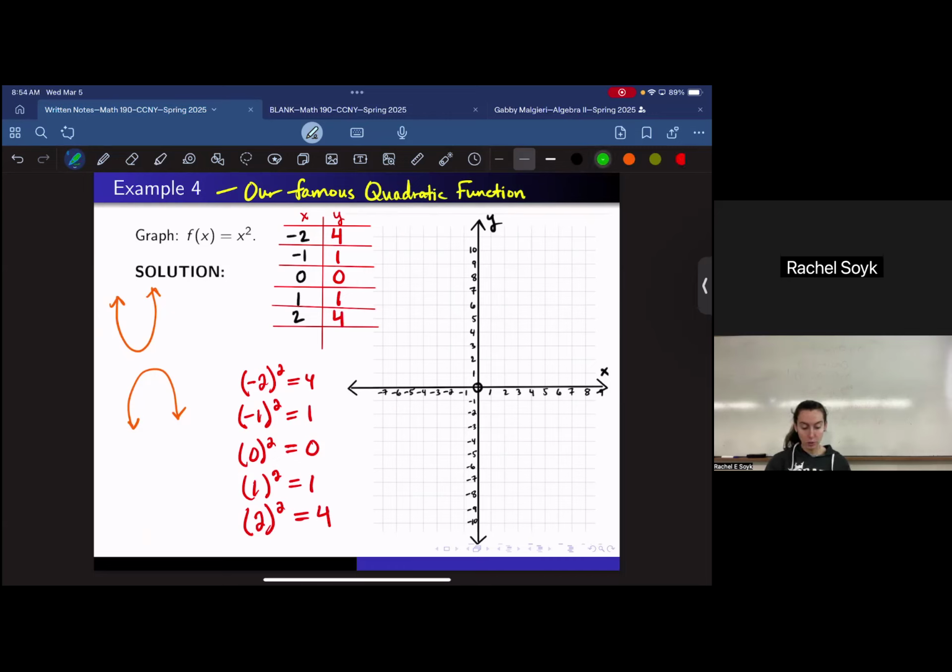So we have an upwards U, which tells us that our vertex, so known as our minimum in this case, is at the origin, 0, comma, 0.